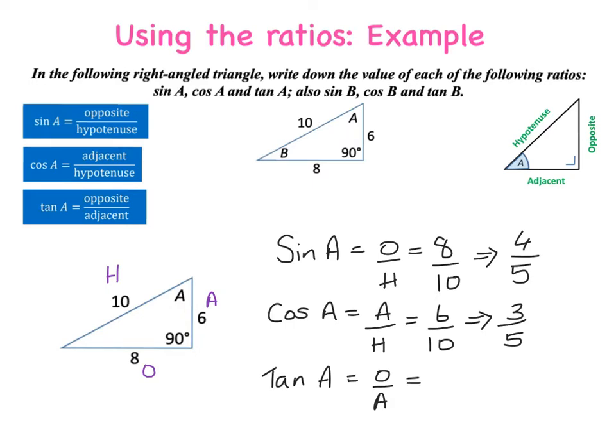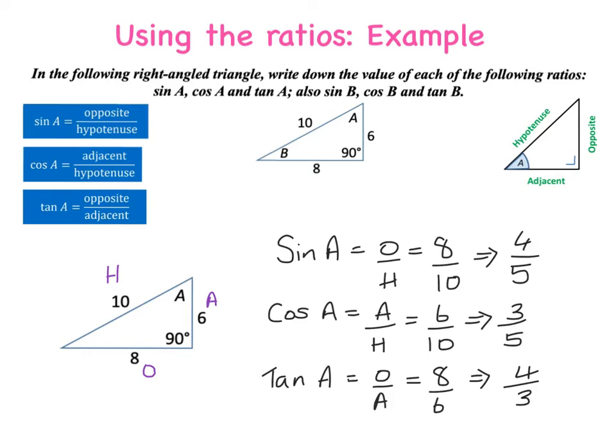And that leaves you with 8/6. And that breaks down to, well, we can divide by 2, so it's 4/3. Your task now is to find sine B, cos B and tan B.